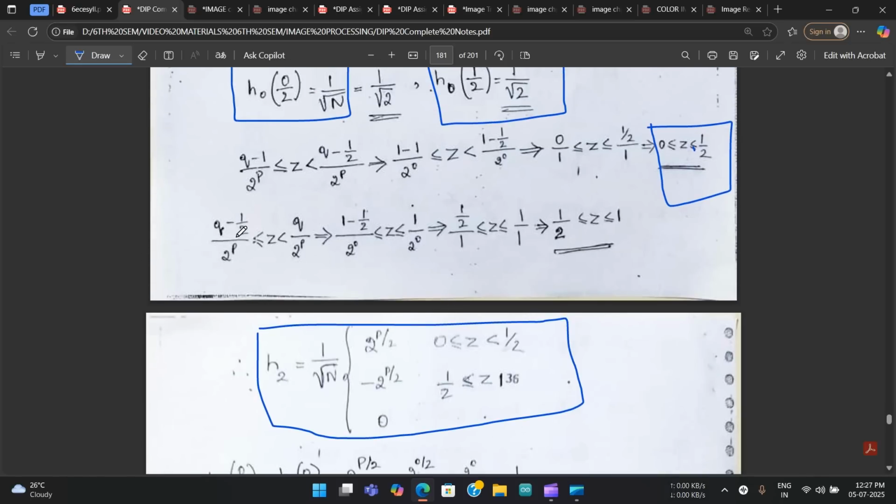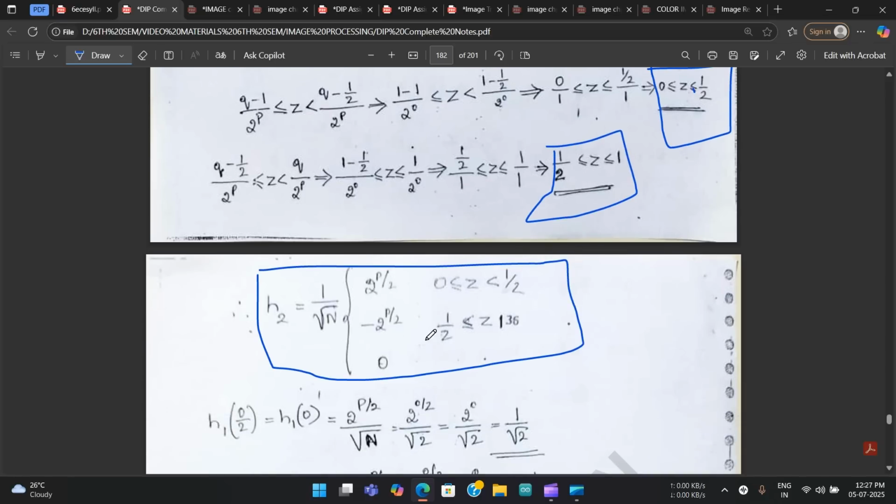So they have taken q as 1, that is 1 minus half divided by 2 power 0, and here they have taken 1 divided by 2 power 0. So 1 minus half is half, divided by 2 power 0 is 1, and 1 divided by 1 is 1. So half by 1 is half, and 1 by 1 is 1. So this is the next range of z, that is z lies between half and 1.